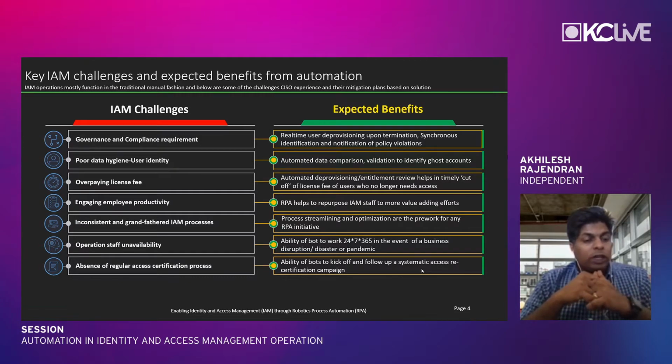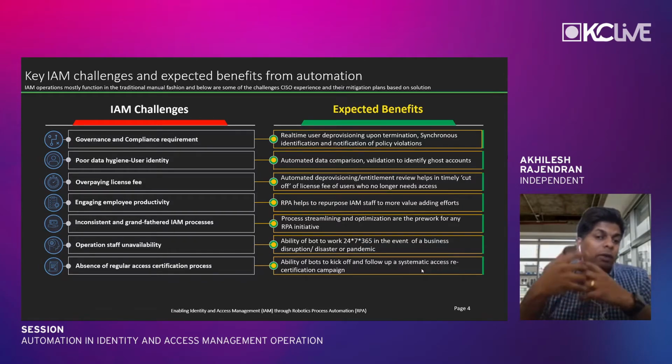Inconsistent and grandfathered IAM processes. So many of the IAM processes that we have seen were implemented maybe 10 or 15 years back, when they didn't have that much visibility into how the identity and access management space can scale.